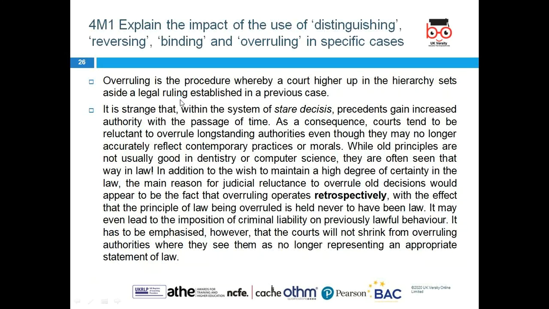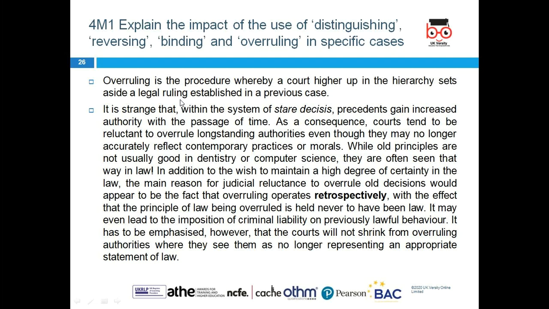Okay, next we have the merit criteria now: reversing, binding, and overruling. Overruling is the procedure where a court higher up in the hierarchy sets aside a legal ruling established in previous cases.